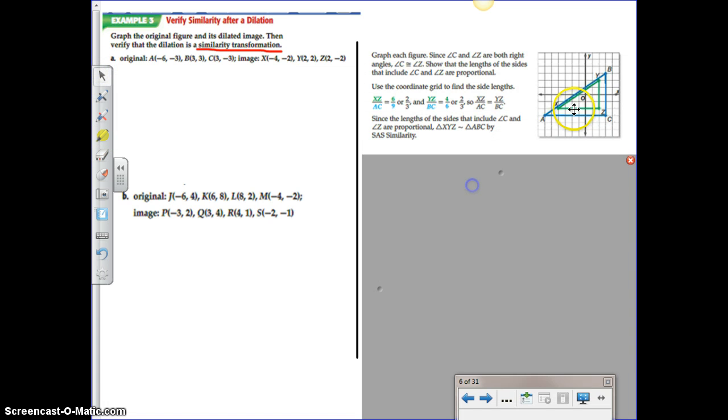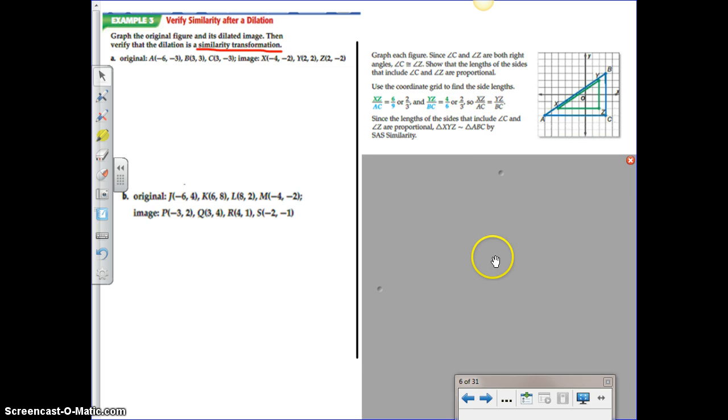All right, so you've graphed both the original and the image. And in order to determine that this is a similarity transformation, we need to check that the sides are proportional. So go ahead and take the measurements of the two sides we can just count. And you will notice that we're getting 2/3 and also 2/3.